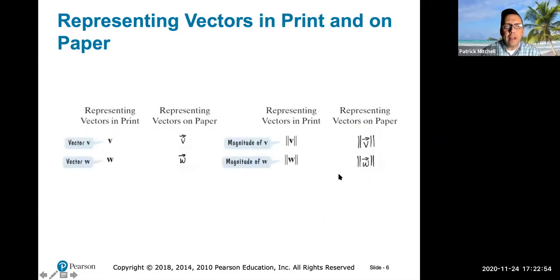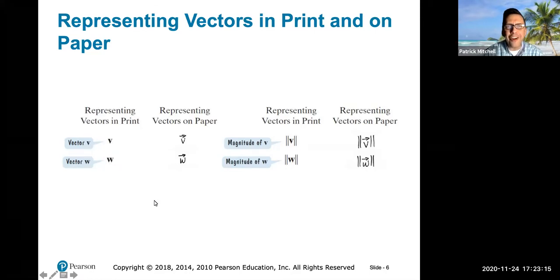There are different ways of representing vectors depending on whether you're writing them on a piece of paper or reading them in a printed book. When you're reading them in a printed book or on a PowerPoint, typically a vector will be represented by a boldface lowercase letter.